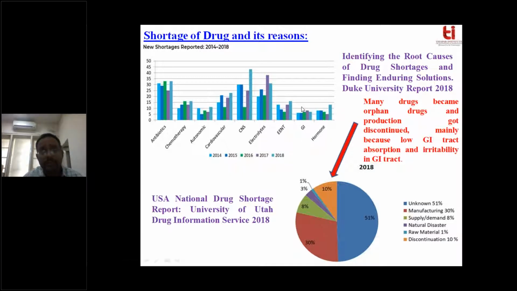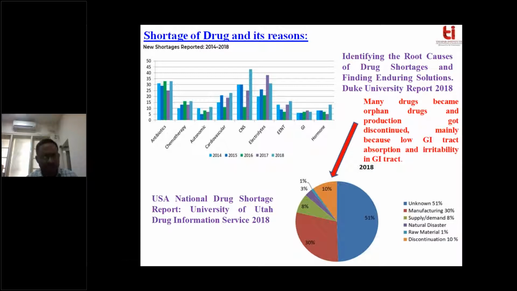Especially for antibiotics, the WHO has predicted that by 2030 we'll be out of all the antibiotics we have right now, because most bacteria and microorganisms will develop resistance to the existing antibiotics by 2030. So we are really in trouble, on the verge of ending all our antibiotics.